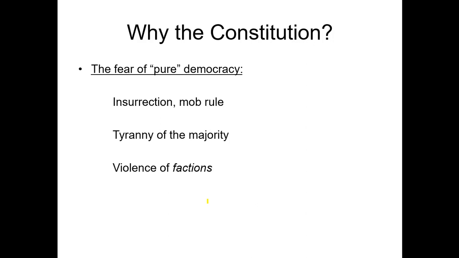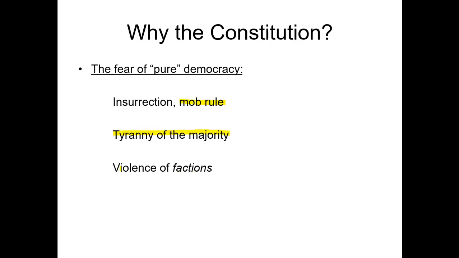The Shays Rebellion was an example of that, where people were starting to come together. They could potentially swamp government as they form a majority. So they really wanted to suppress the possibility of mob rule and insurrection by creating a system that would be a representative form of government.